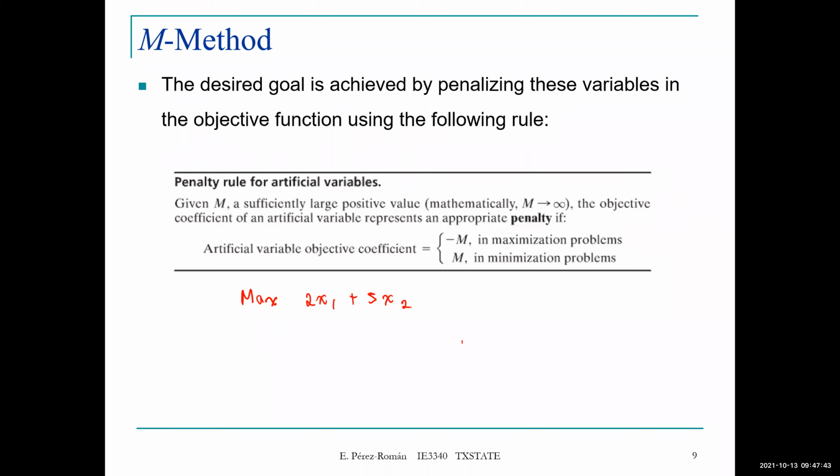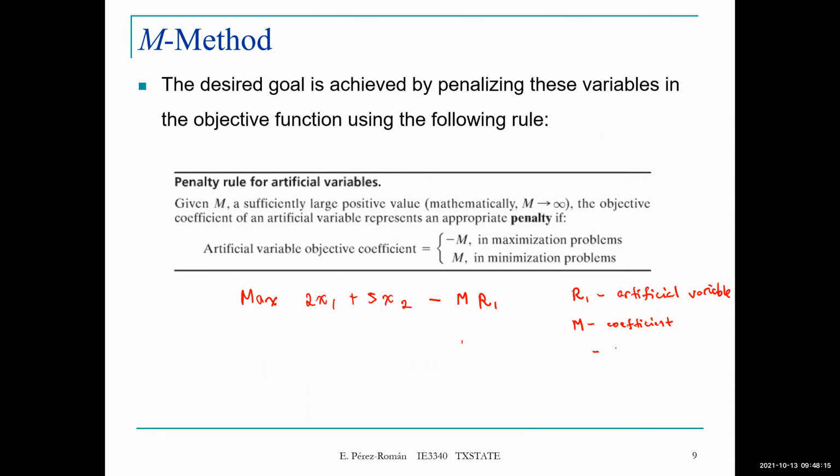If you're maximizing, you use a negative sign times the coefficient M, and let's call that artificial variable R1. So R1 is the artificial variable, and that M is a coefficient that is going to be a big number.